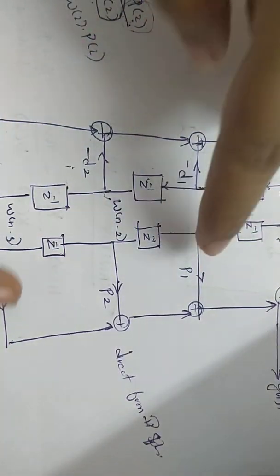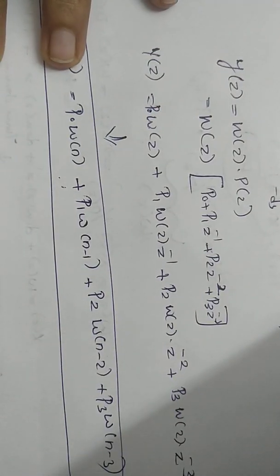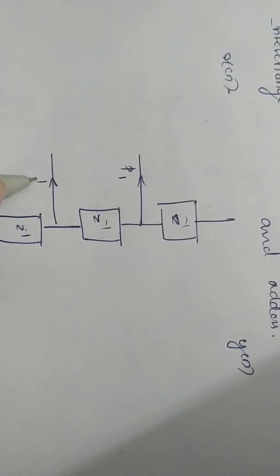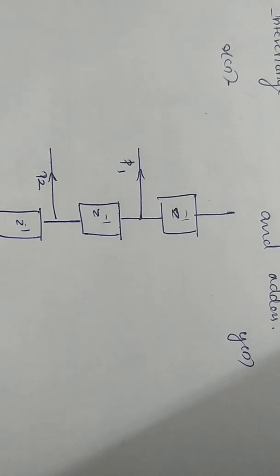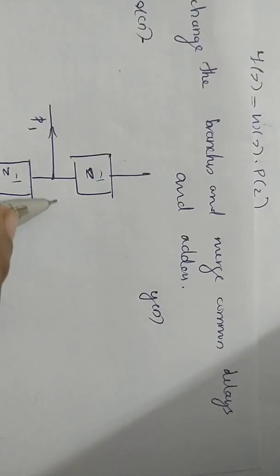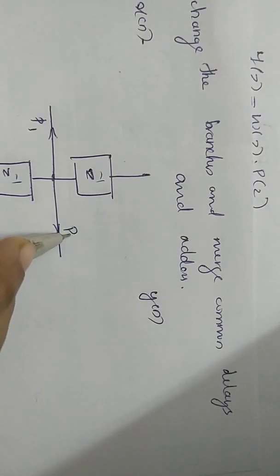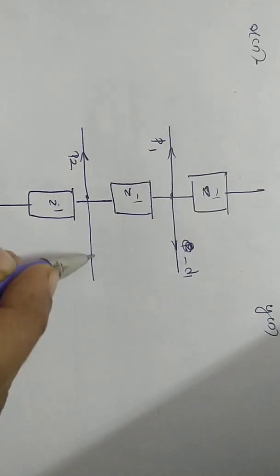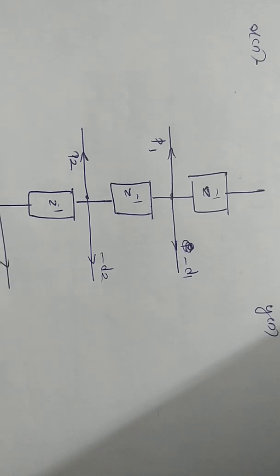I am taking them to the left part, that is here p1, p2 and p3, and on the right part minus d1, minus d2 and minus d3.